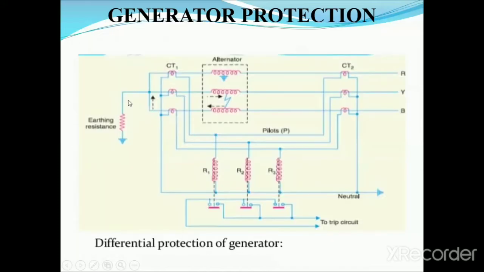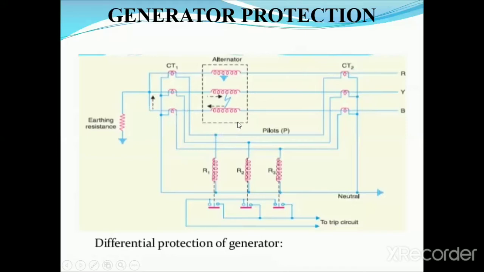We take balanced CTs at both ends, the sending end and the receiving end. Under normal operating conditions, with balanced CTs, no differential current flows in the relay. Suppose a fault occurs between the two windings. There is then some change between CT1 and CT2, because fault current flows through CT1.